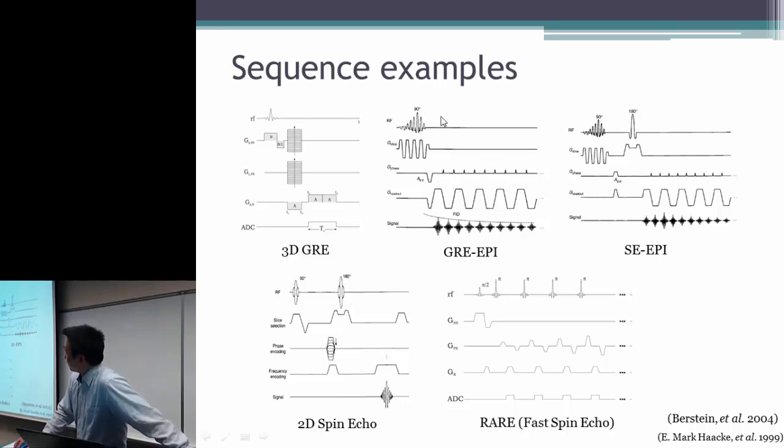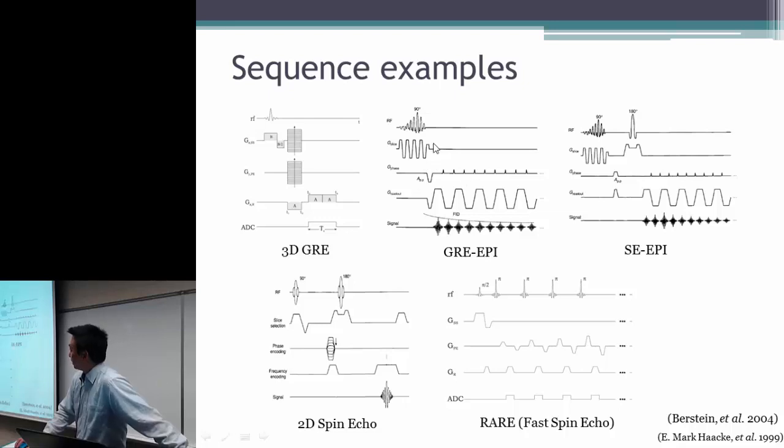We can have one RF pulse here, many different types of gradients, and only have the readout. It's not shown here, it only shows the echo, but we have the readout to collect all these different series of gradient echoes.